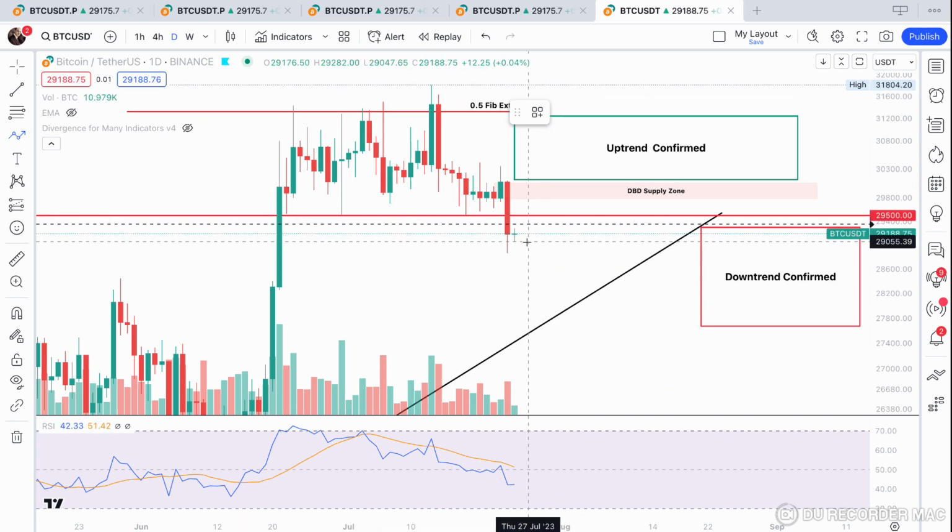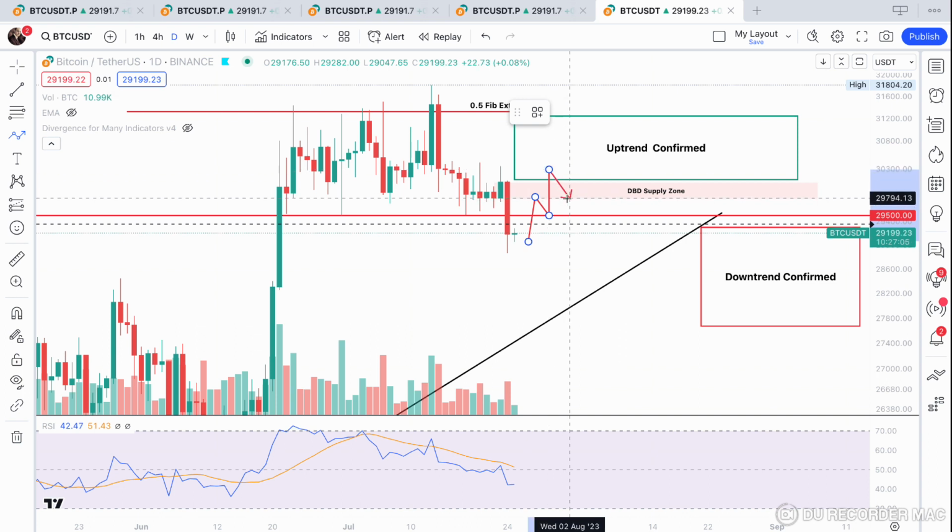However, a daily close above the range low at 29,500 is good enough, at least in my opinion, for a long position. The first step to confirming the uptrend is a break above 29,500. The second step is a break above the supply zone.